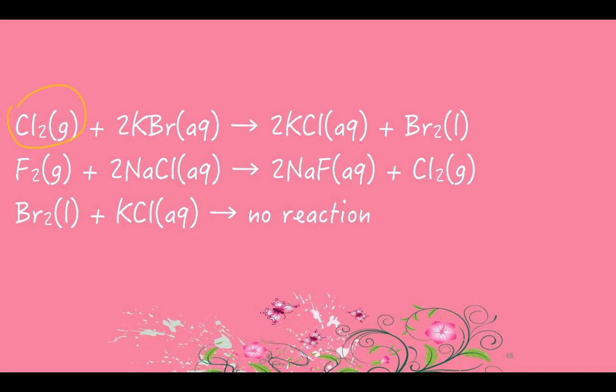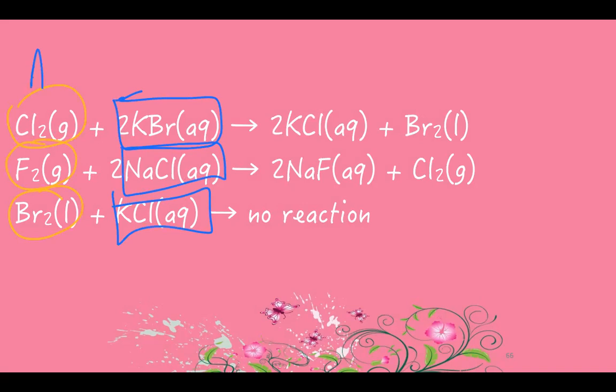Again, for each of these, you see that there are single elements by themselves in a reaction with a compound. And that is the key, because this is A plus BX. The key is identifying it's a single replacement reaction. So therefore I have to access the activity series to determine whether or not a reaction will occur.